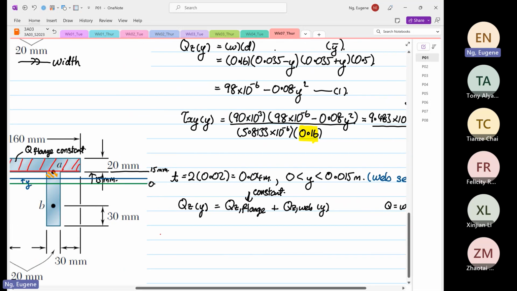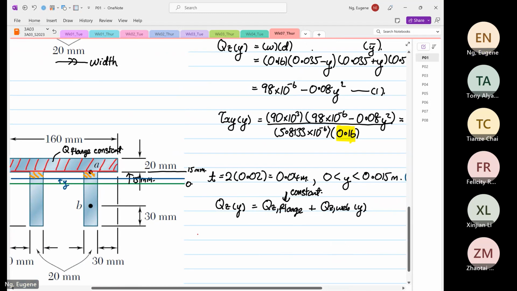Always follow this. So over here, the flange, the width is a constant number. The width is 0.16. The depth is 0.02.